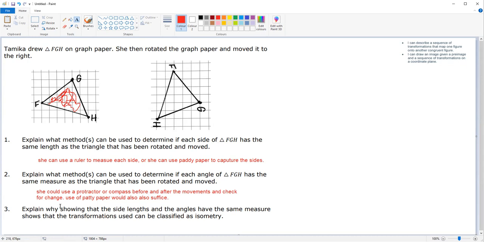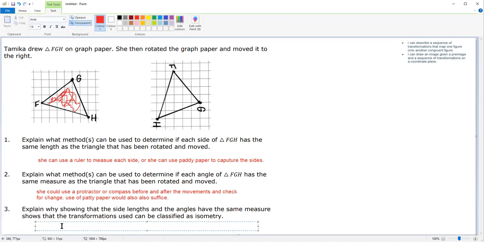Okay, so explain why showing that the side lengths and the angles have the same measure shows the transformation can be used as an isometry. Well, you defined isometry or rigid motions.